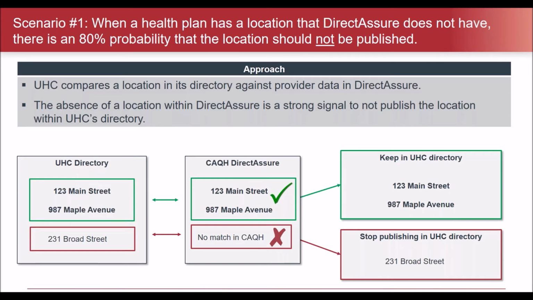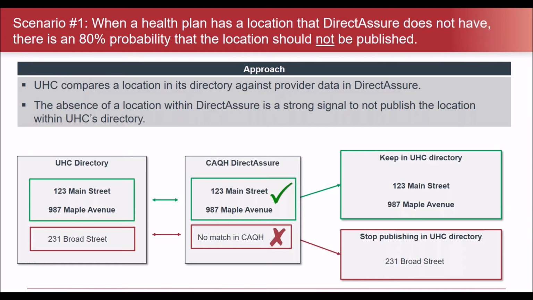So this is a zoom in or kind of a recap of the scenario that we described before, where United Healthcare had 3 locations for a provider, but in the CAQH system, we had only 2 of them. So 231 Broad Street, United Healthcare had, but CAQH didn't have. So United Healthcare decided that that was a good signal to suppress that location within their directory or remove it.